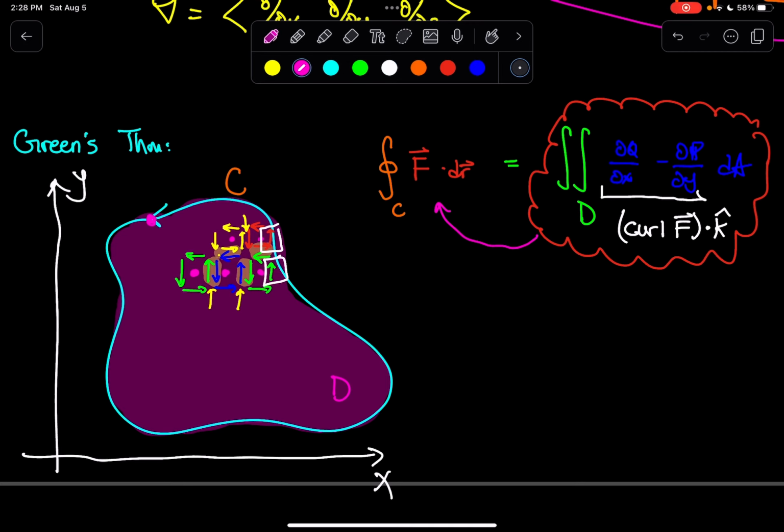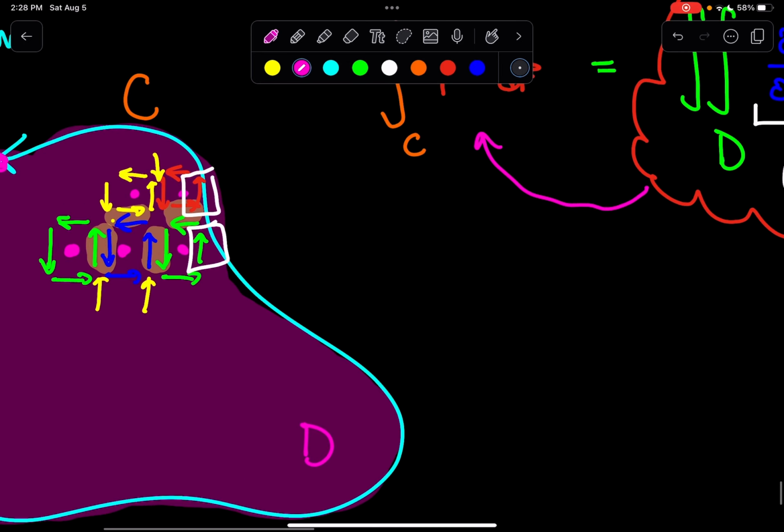Okay, if we get close enough, if I zoom in and I put a point right here and I'm doing a curl calculation and I get something here and something here and something here and something here, the idea is that this part of the curl right here is going to cancel out with whatever's next to it. And this part of the curl is going to cancel out. And this part of the curl is going to cancel out with whatever point would be next to it, and to the next of it, and to the next of it.